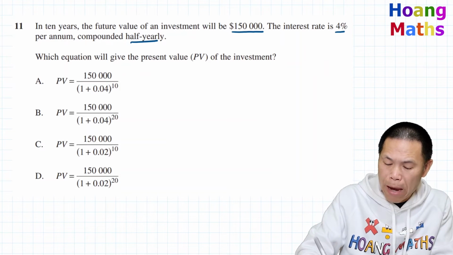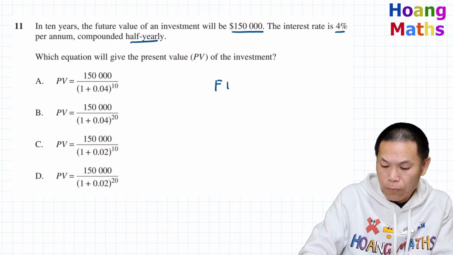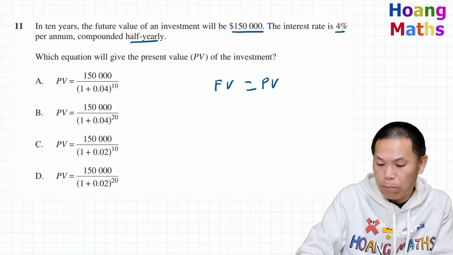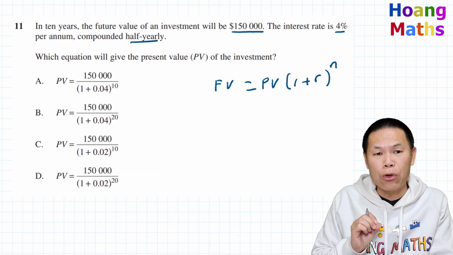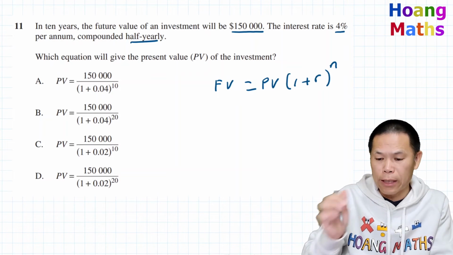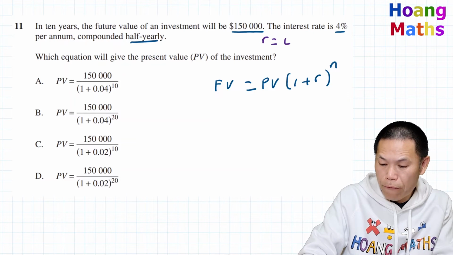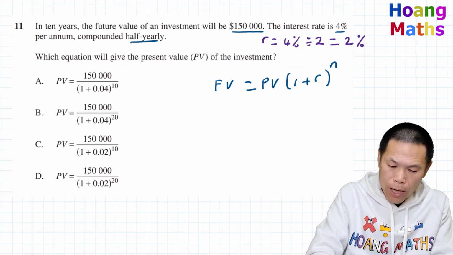We know that for compound interest, the future value is the present value, PV, times (1 plus R) to the power of N. R is 4% per annum, but it's compound half yearly, so in 1 year it compounds twice. Therefore, R is 4% divided by 2, because it compounds twice a year, so that is 2%.